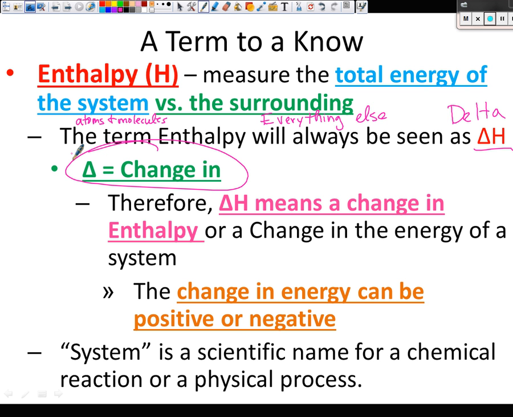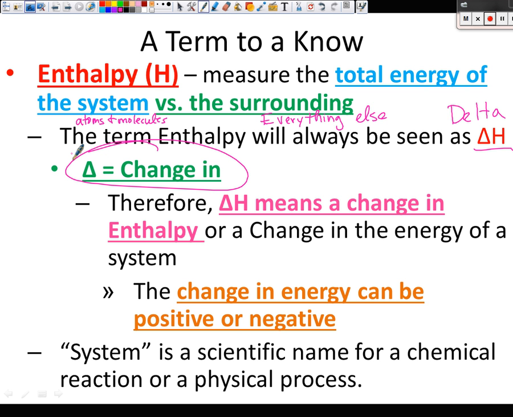The reason we don't just say, well, there's your enthalpy, is because what is energy constantly doing? Changing. What can it never do? Be destroyed or created. So energy is constantly going back and forth from something to something else. So we can't say, here is the energy, because does energy ever stop? No, it's constantly going.